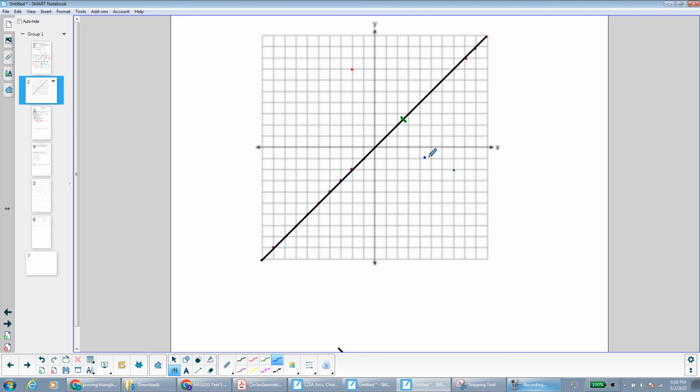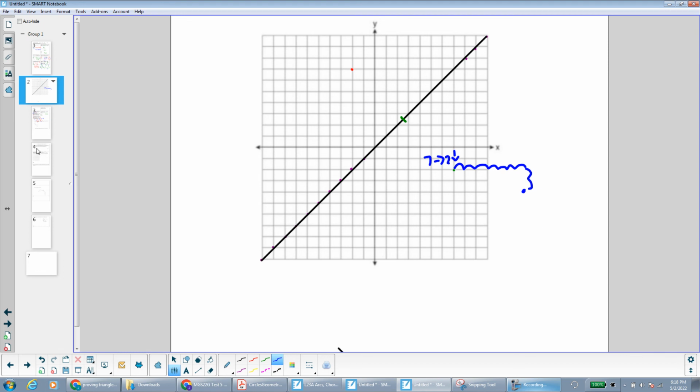So I'm going to write that, 7 to the right and 2 down. What I would do now is move another 1, 2, 3, 4, 5, 6, 7 to the right and 2 down. Unfortunately here my graph isn't big enough, but where you end up would be the image of the point after the dilation. So then we would have both reflected and dilated the point.